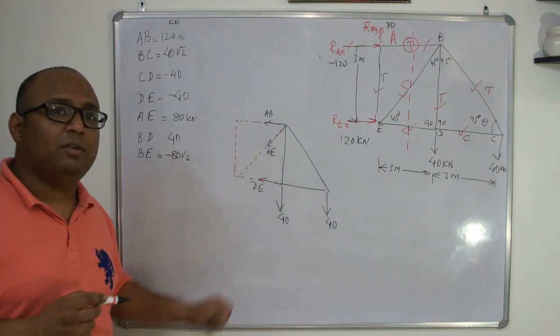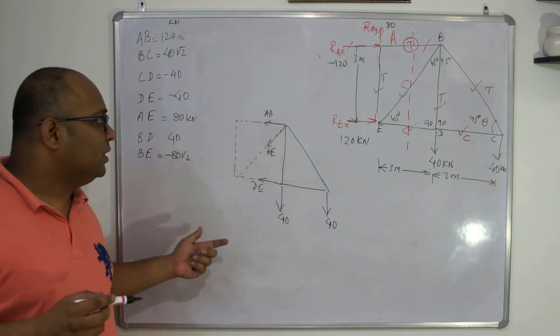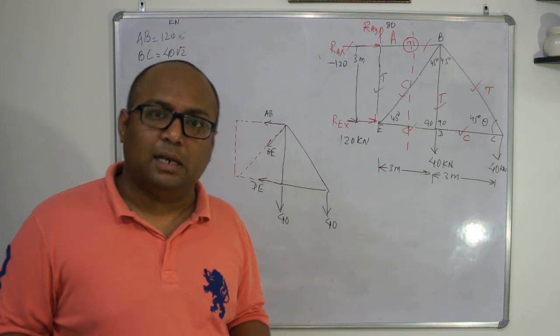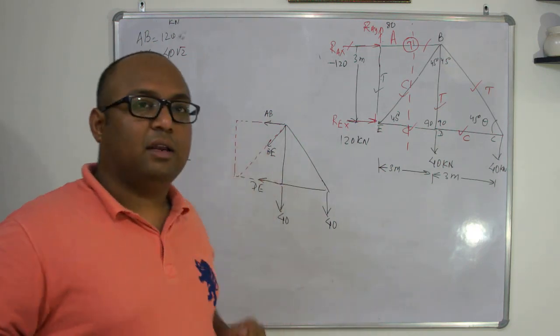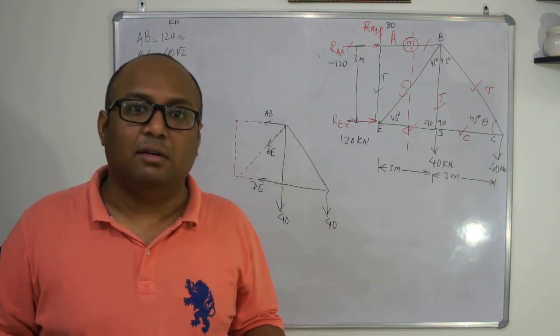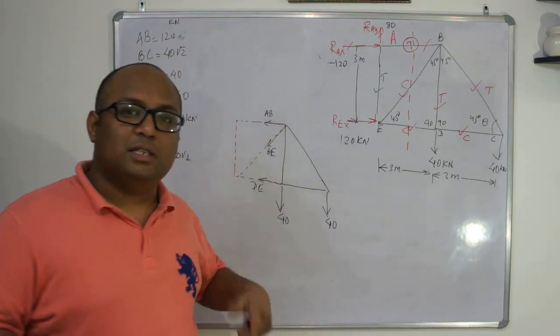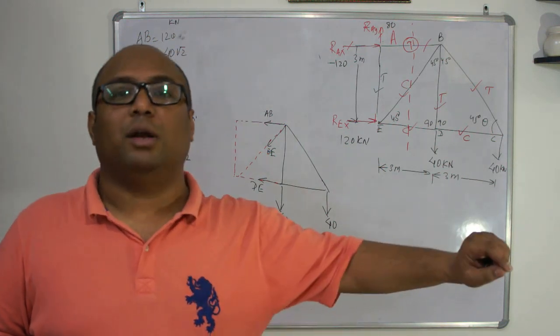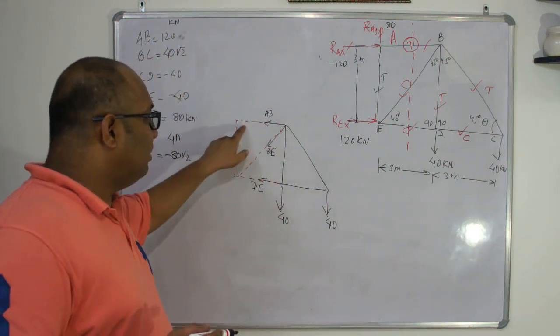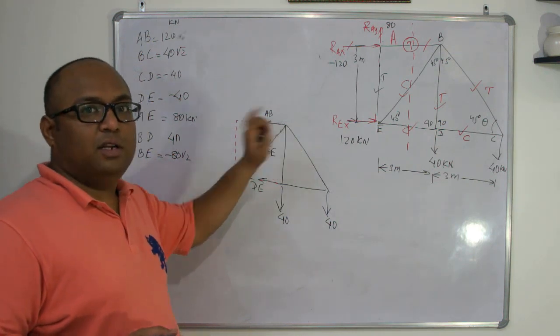How did I choose the sign convention? I am assuming that all the members are in tension and therefore I have taken the positive sign convention. What is the positive sign convention? Draw the arrow in such a way that you move along the member away from the joint. That's it, very simple.